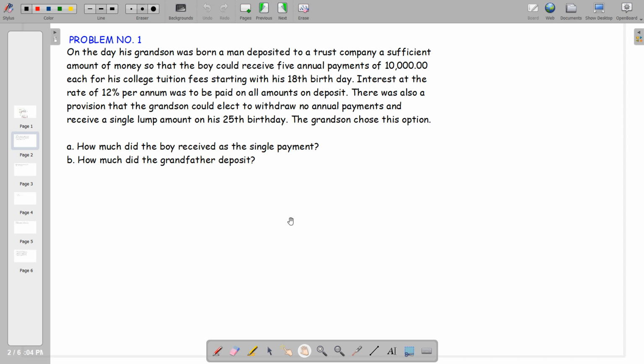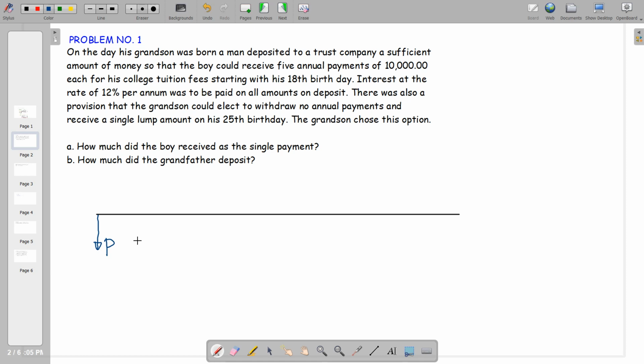So here it is essential that first we establish our cash flow diagram. Let's say we have here the timeline. At present time, the grandfather should have an investment.